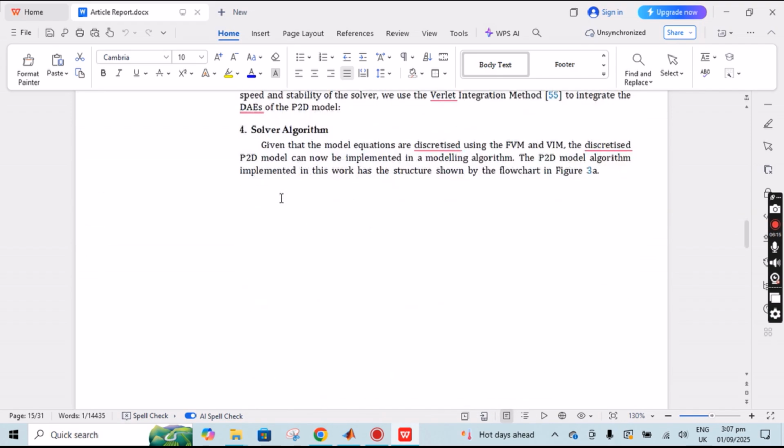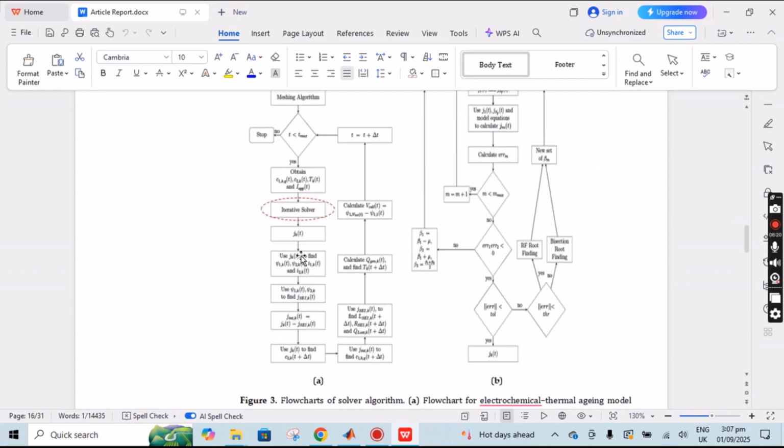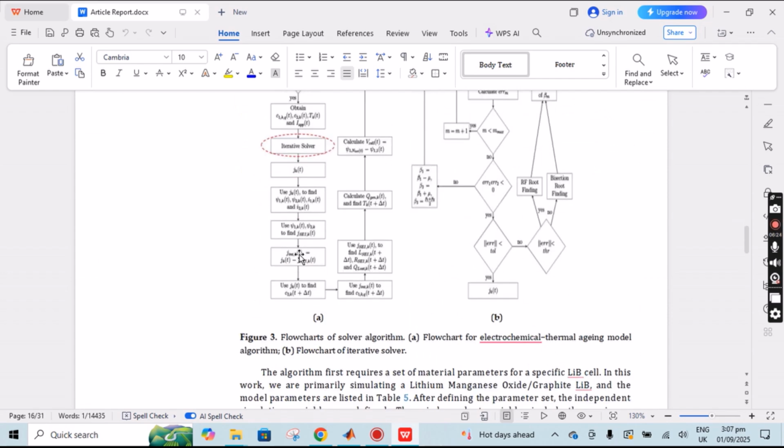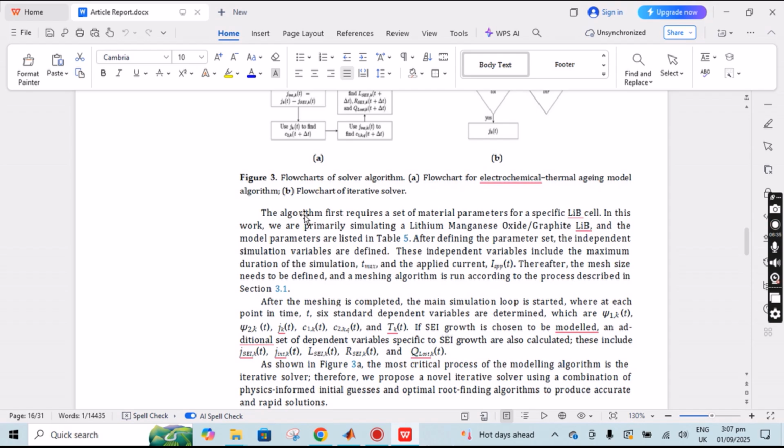In the solver algorithm, we have added the complete flow diagram, a flowchart of how the solver algorithm works according to A and B. It means that we have used the equations in our solver algorithm, the iterative solver, and the flowchart of the electrochemical thermal model algorithm.